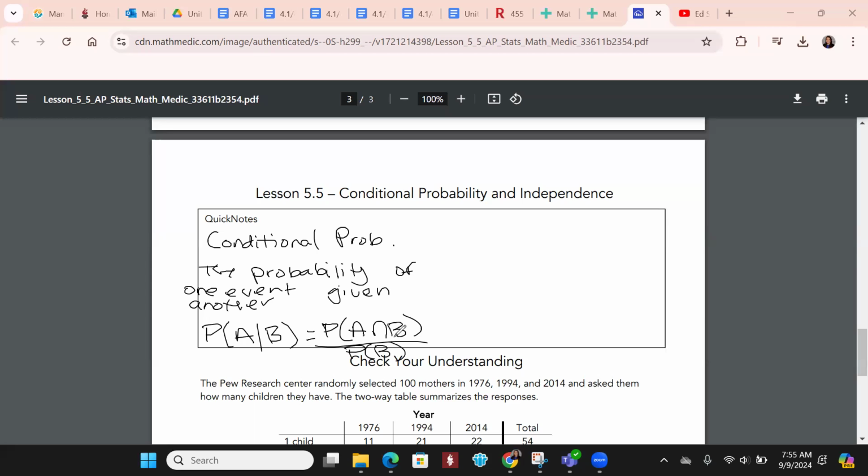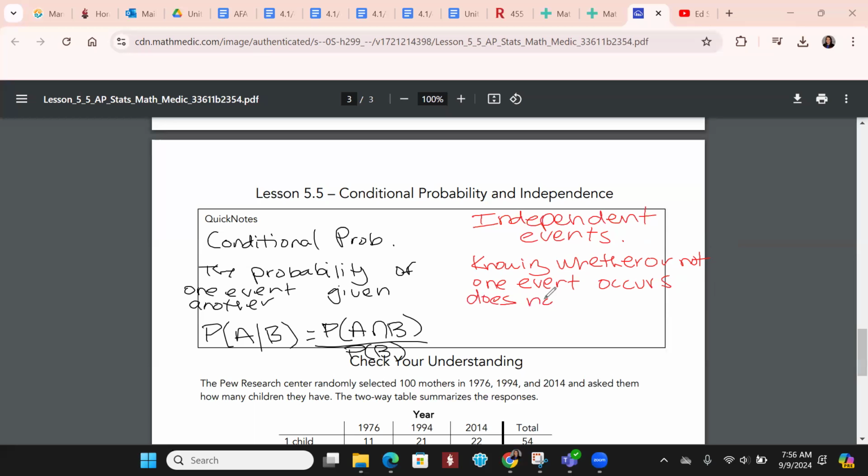We also talked about independent events. Knowing whether or not one event occurs does not change the probability of another.